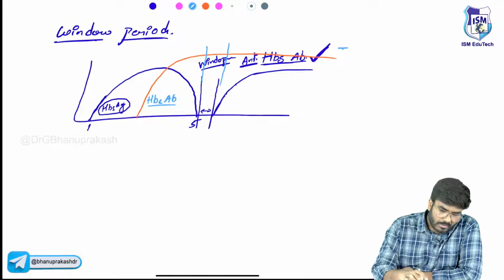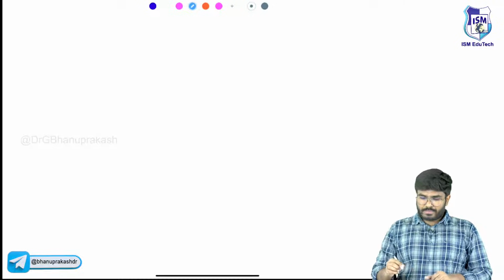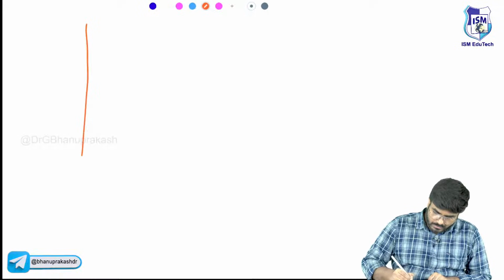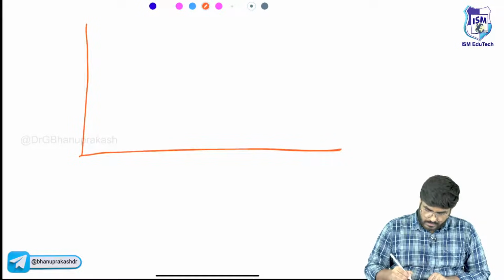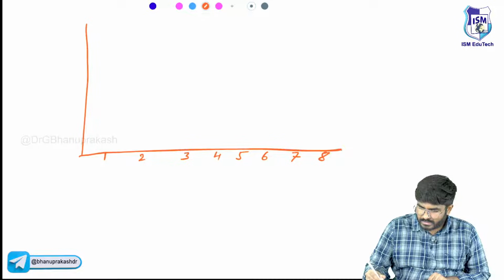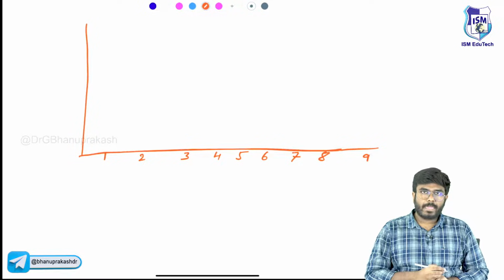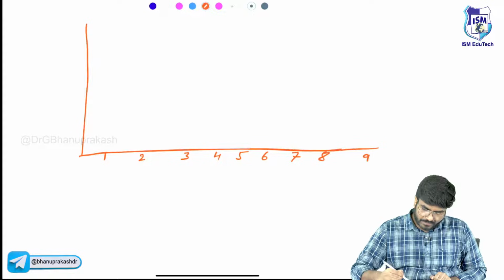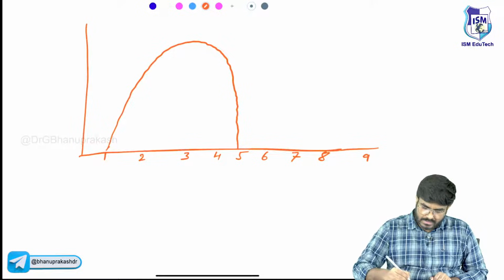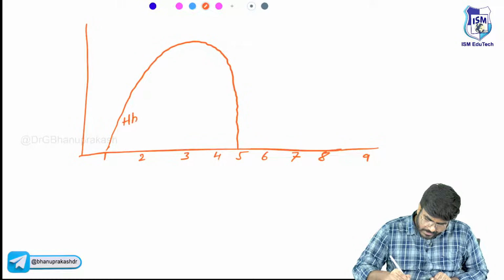Now I will show you one graph. Based on that graph, you should tell me. Look, for example, 1 month, 2nd month, 3rd, 4th, 5th, 6th, 7th, 8th, 9th. Let's take it like this. The patient is having the markers like this. What is this antigen that is rising? The antigen that is rising is HBsAg.